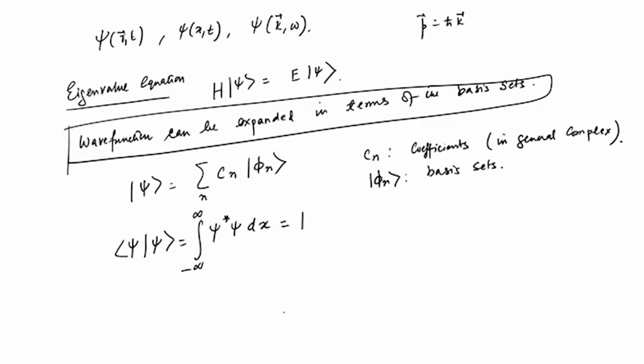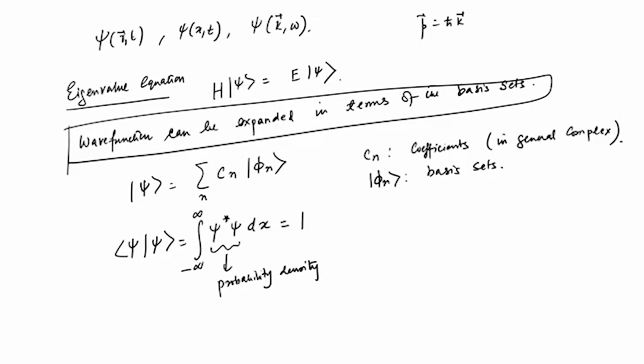This should be 1, because psi star psi is the probability density, and this probability density integrated over all space should give us 1 for all time. Okay. So, psi is in general a function of x and t, and this is true for all time.